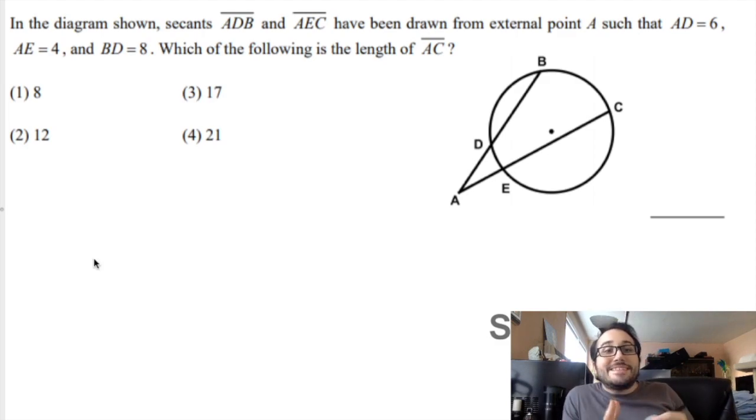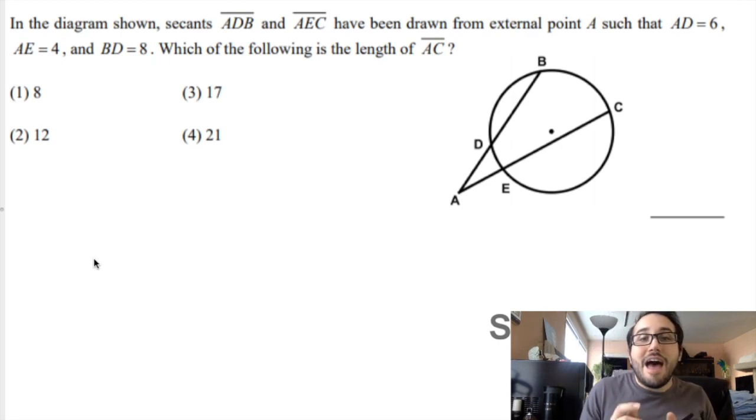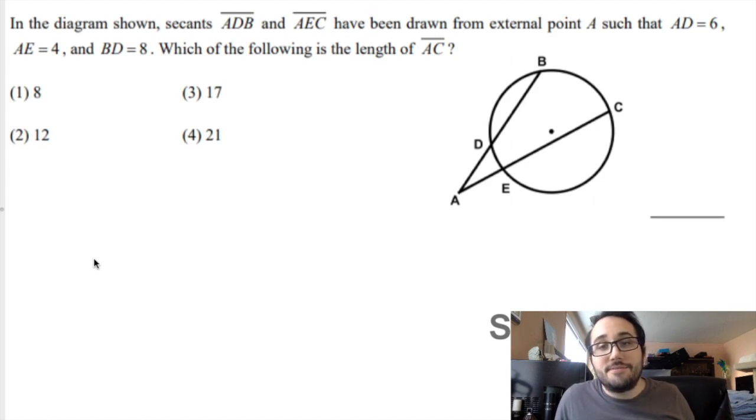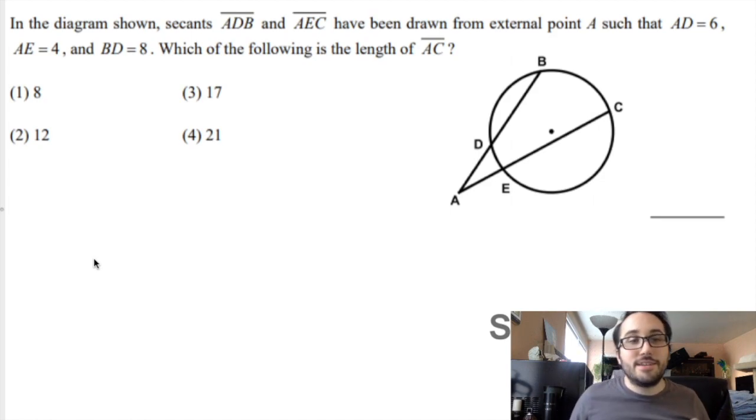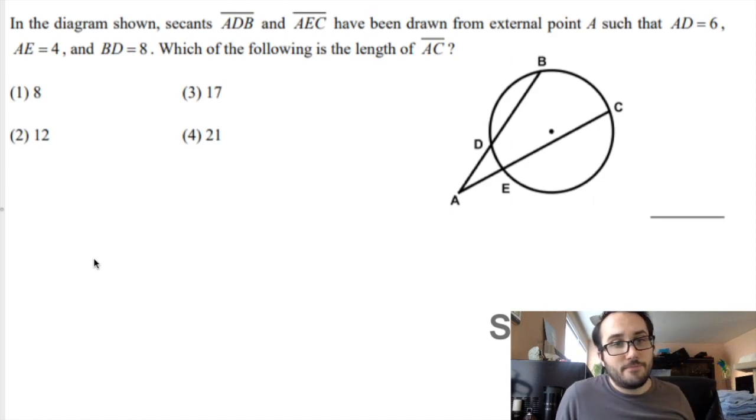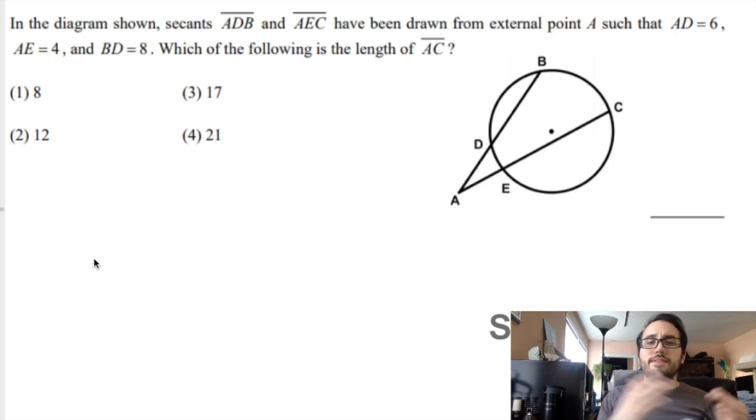In the diagram shown, secants ADB and AEC have been drawn from an external point A such that AD is 6, AE is 4, and BD is 8. Which of the following is the length of AC? The only thing that we know is we can relate the parts of these secant lines.